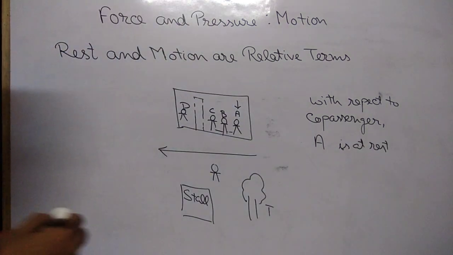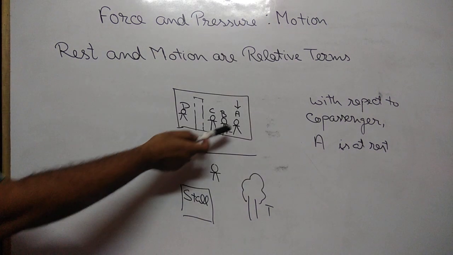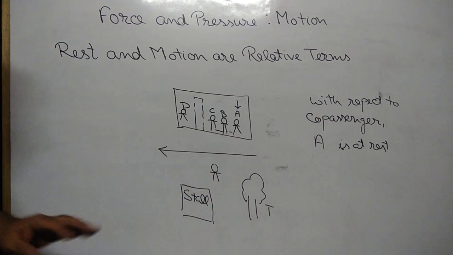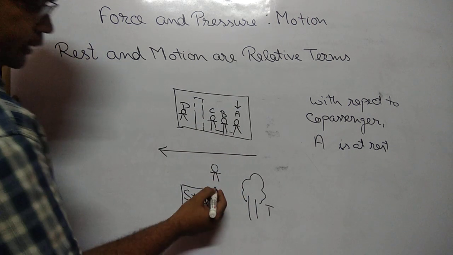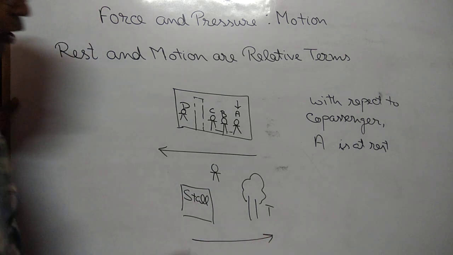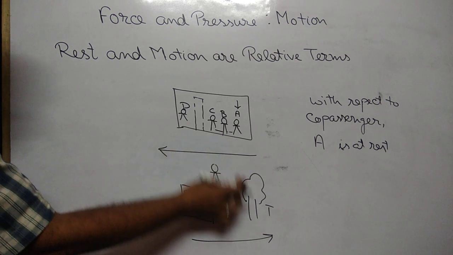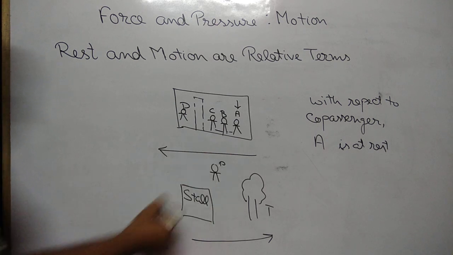At the same time, when A sees outside the window, A observes that the tree, this person and this stall are moving backward, or appear to move backward. What does it mean? The distance between A and T, A and the stall, and this person P changes.